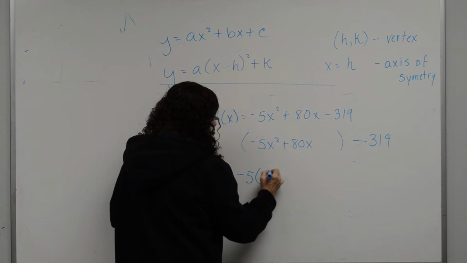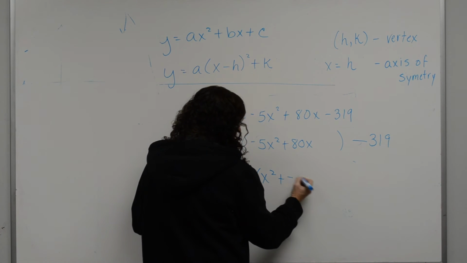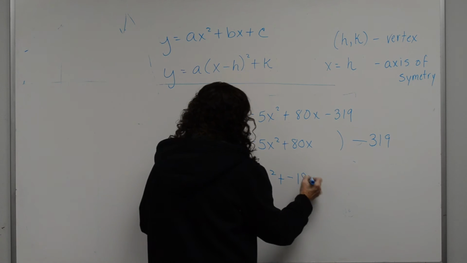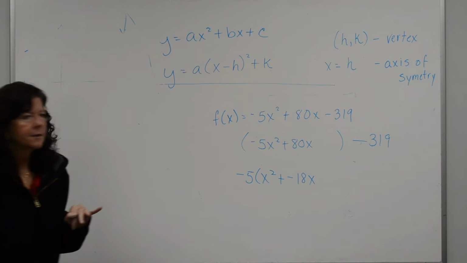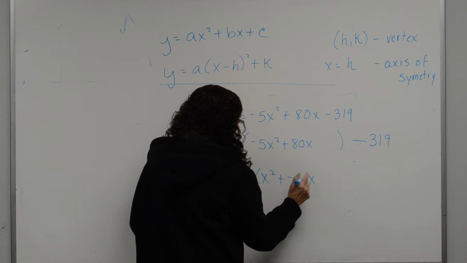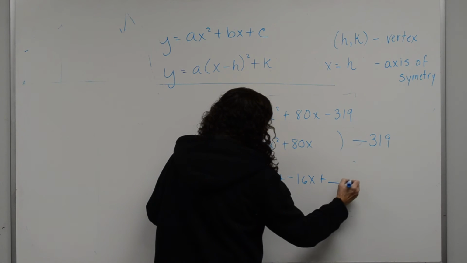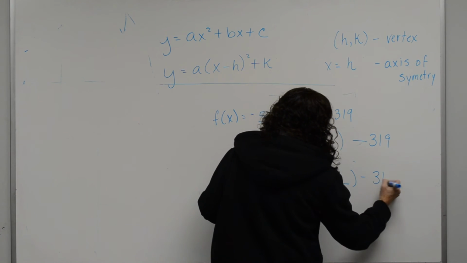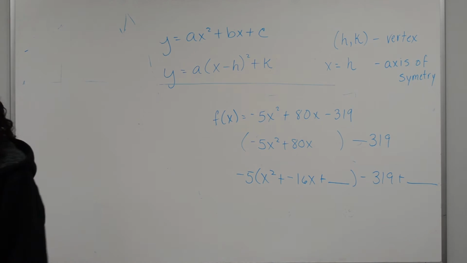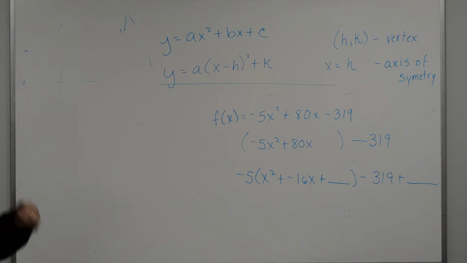So that's going to give me an x squared plus negative 18, I think, x. Divide 80 by negative 5 and tell me if it's negative 18. 16. Okay, all right. What's going to go in that blank? 64.